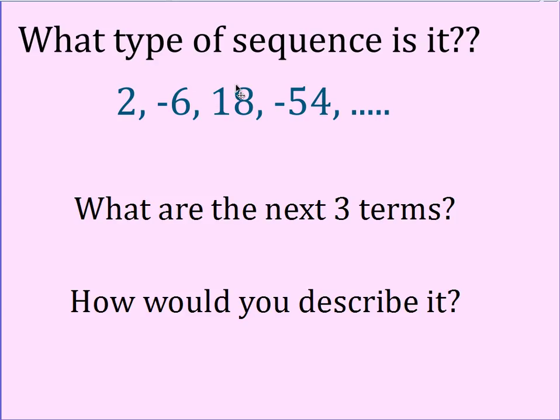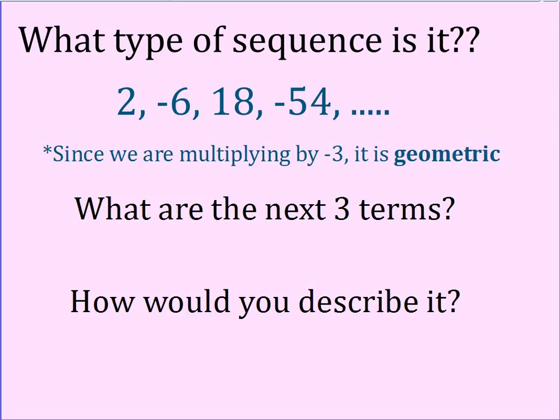Negative 54 divided by 18 is negative 3. 18 divided by negative 6 is negative 3. And negative 6 divided by 2 is negative 3. That means going in order from left to right, I must be multiplying by negative 3. Just kind of a hint if you're having a hard time deciding what your multiplier is.